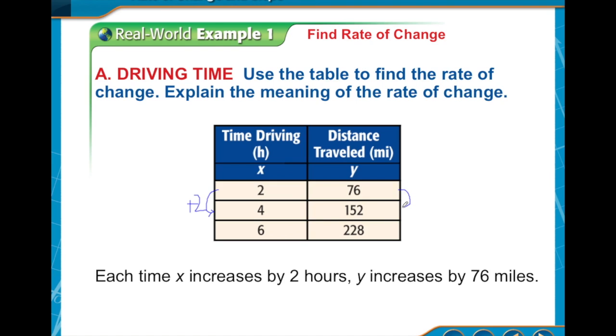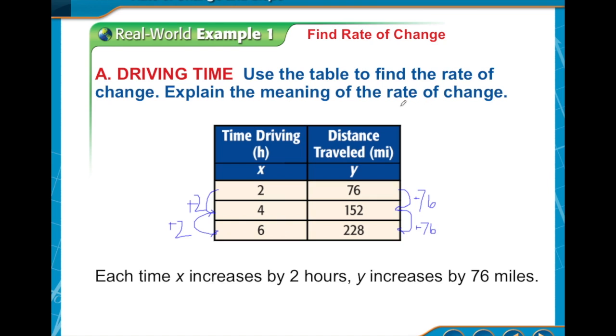And from this cell to this one, we increased by 76. And of course, from 4 to 6, we increased by 2 again. And from the second number here to the third number, we get another increase of 76. So our change in y is constant. It's increasing by this amount every time. Our change in x is also constant. It's increasing by 2 every time.